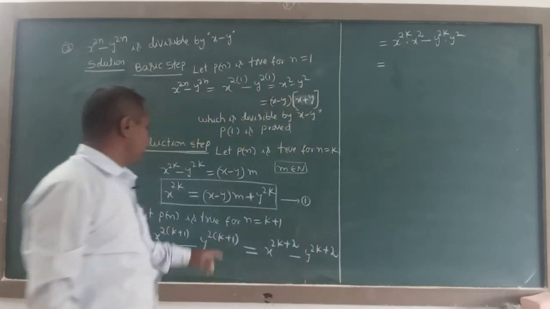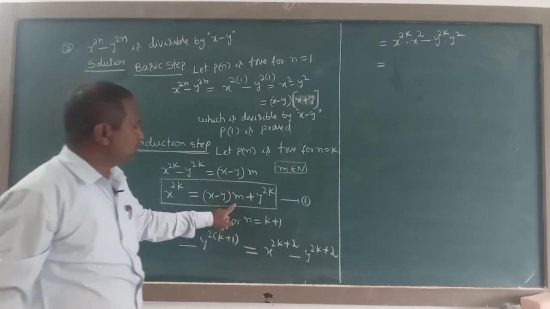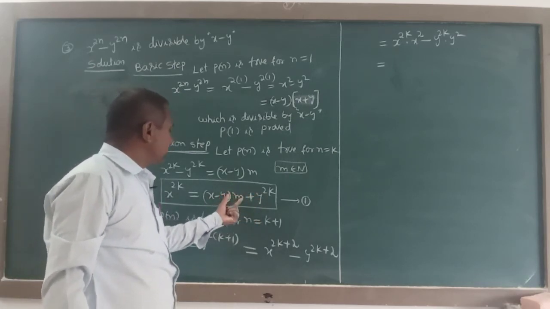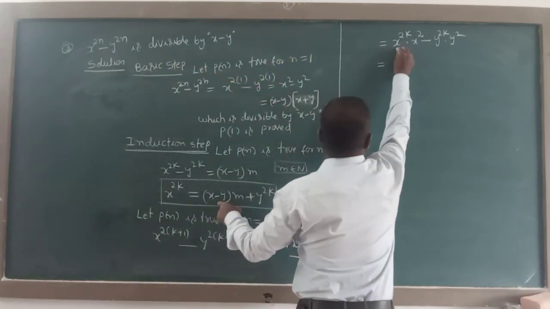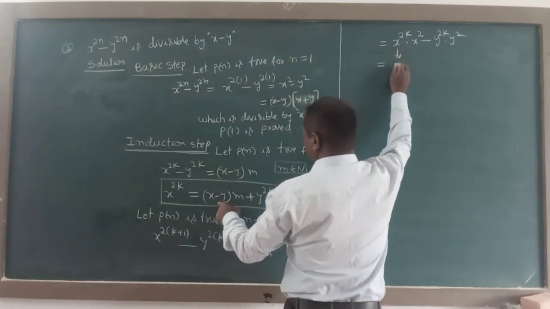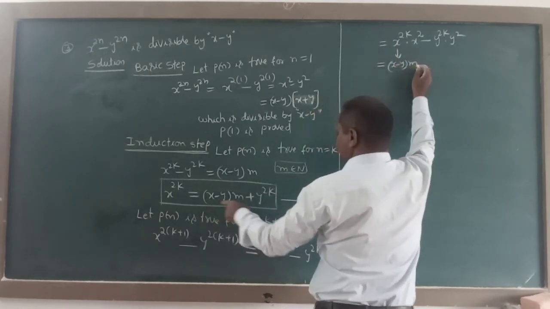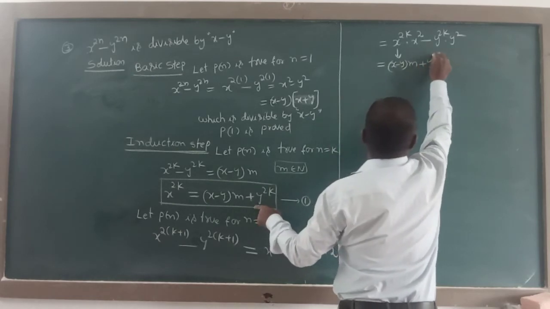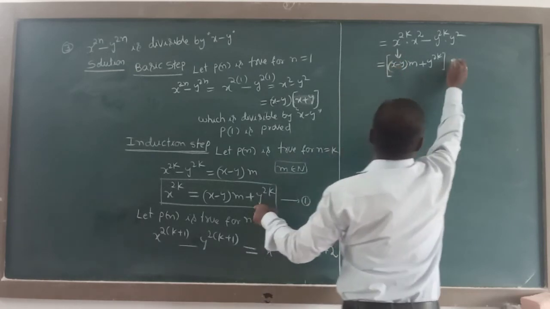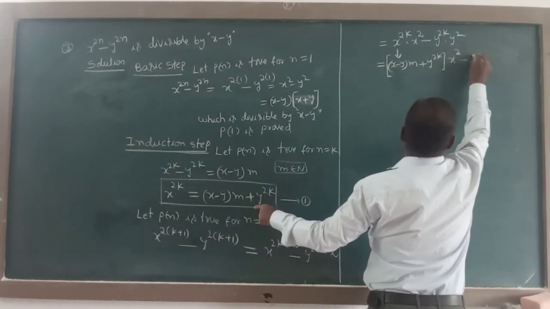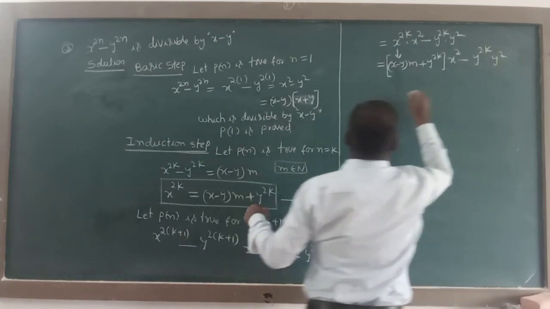In the case of x power 2k, we already have from equation 1 x minus y into m plus y power 2k. Substitute this in place of x power 2k. It is x minus y into m plus y power 2k into x square minus y power 2k into y square.